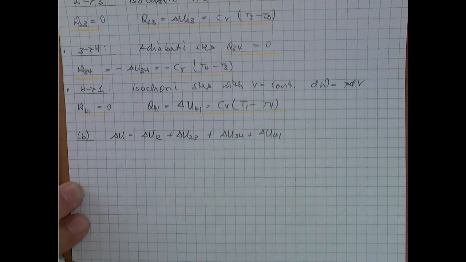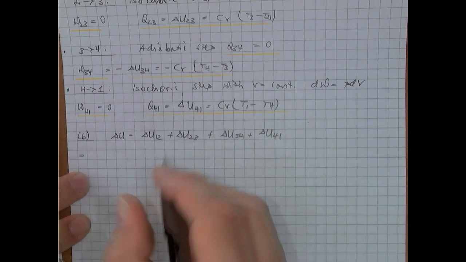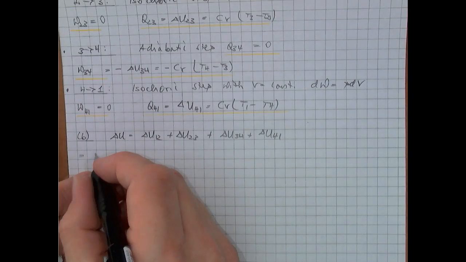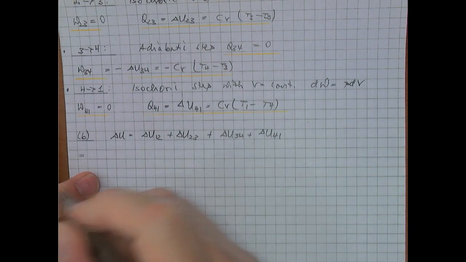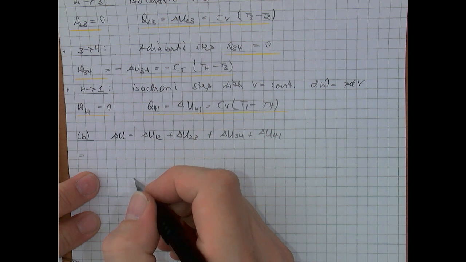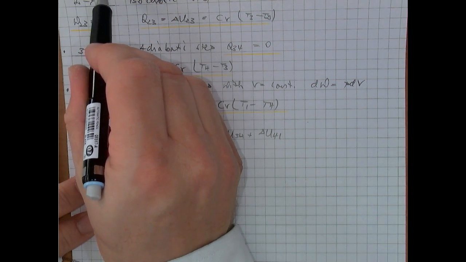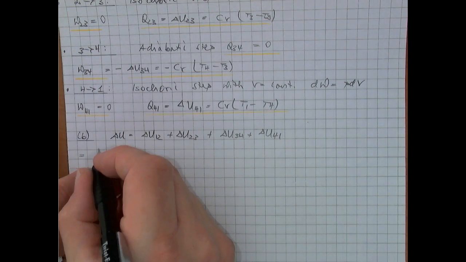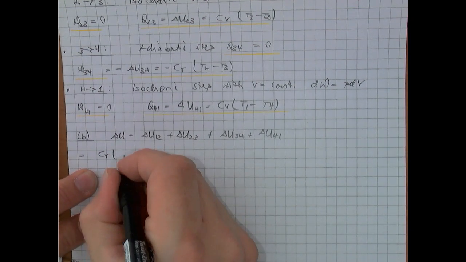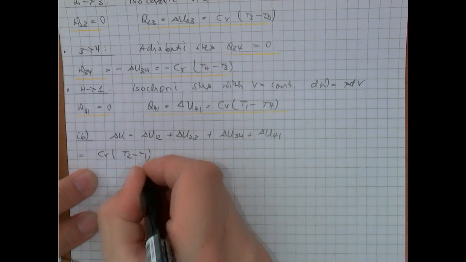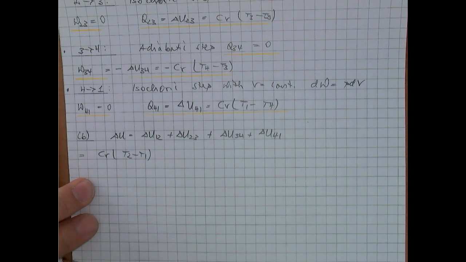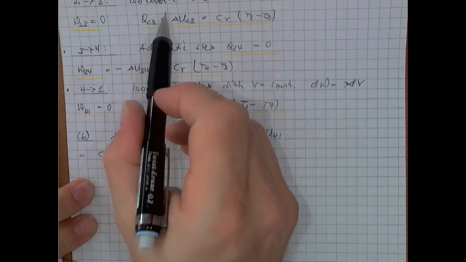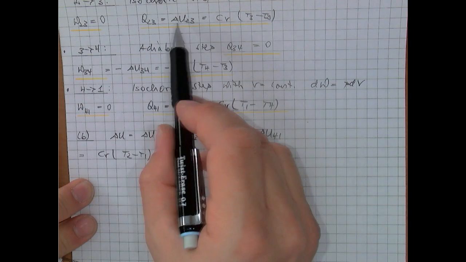So let's show this explicitly. So now we just use our results from up here. So then what do we have? Delta U12 equals Cv times (T2 minus T1). Then we have delta U23, which is here.